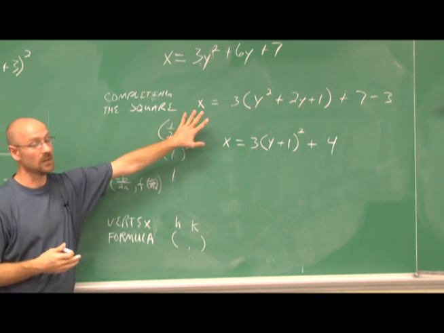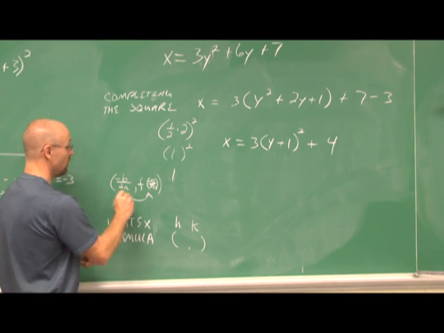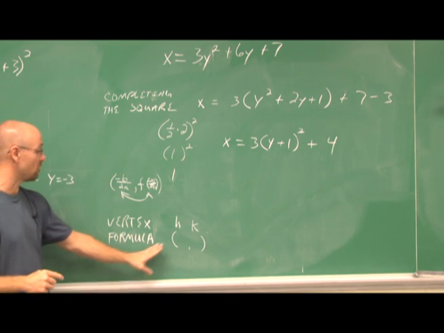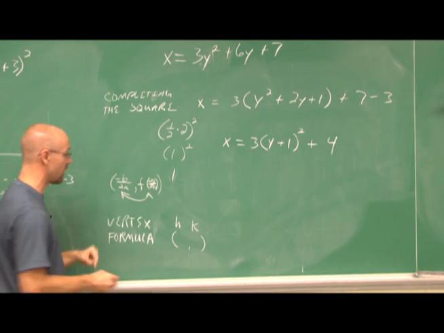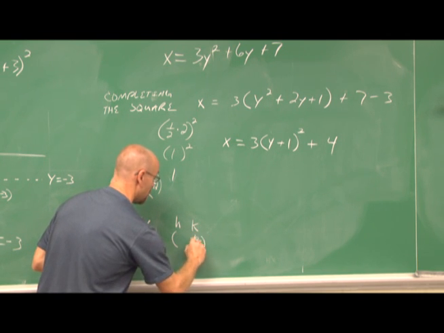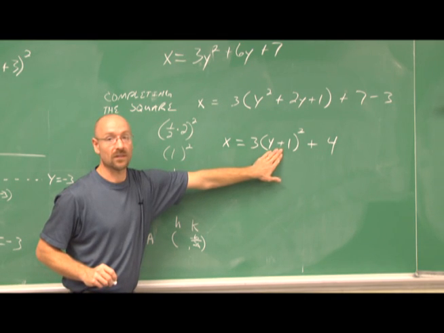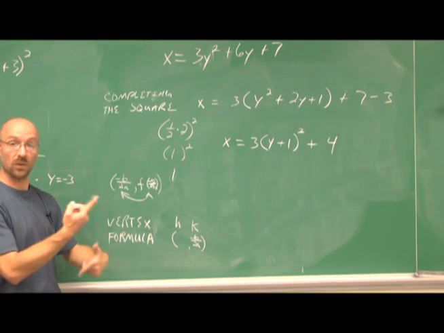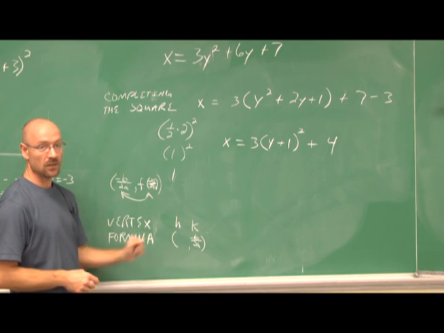Because this is an inverse, a parabola on its side, inverses, we recall, switch our x's and y's. So my vertex formula for a parabola on its side, opening either left or right, is going to be: -b over 2a is going to tell me what the k value is, because we switched them, right? It's an inverse. And then I'm going to plug this value in to find h.